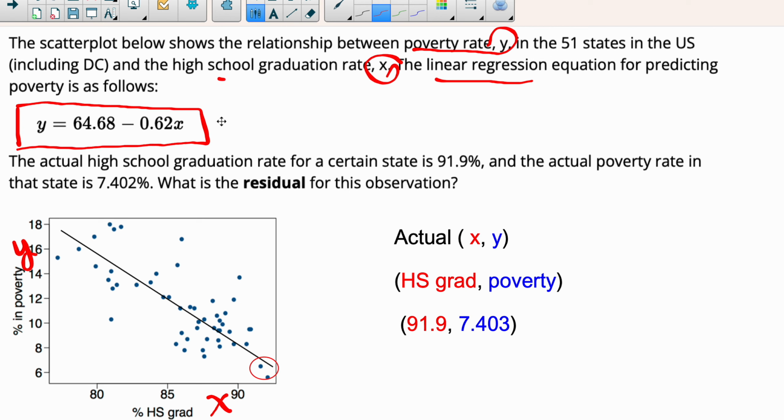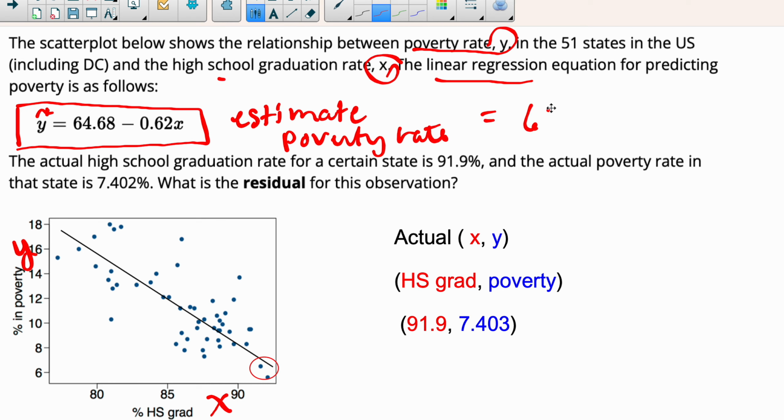This regression line is going to estimate poverty rate, Y, equals 64.68 minus 0.62 times X. X is high school graduation rate. If I put it in words.